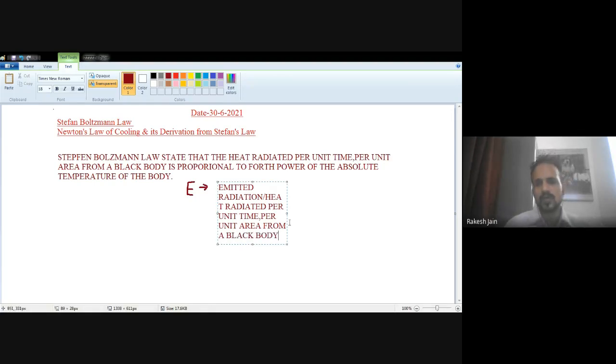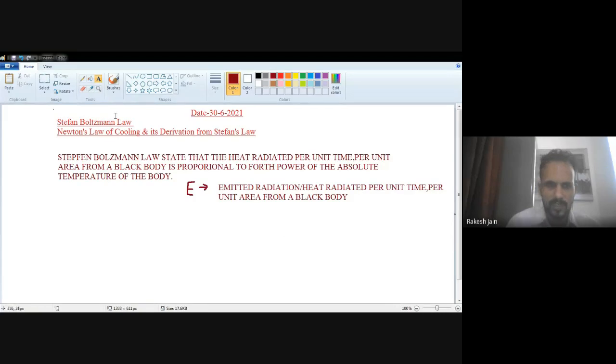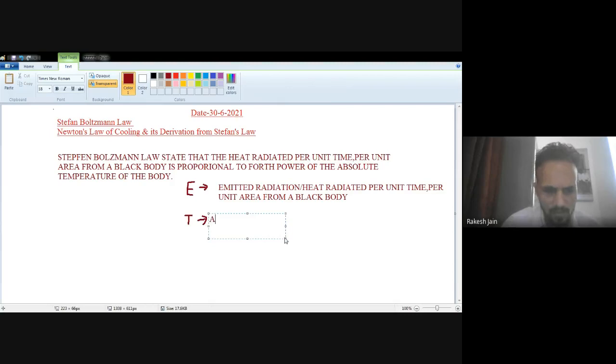And let's suppose T is the absolute temperature of that black body.